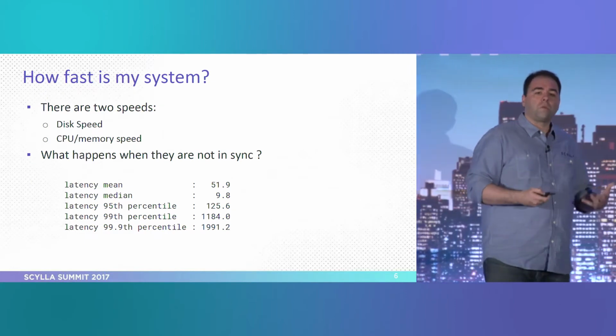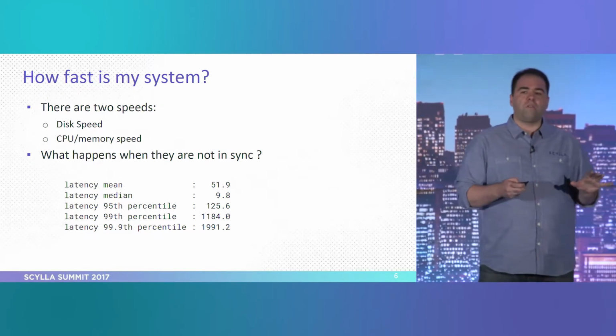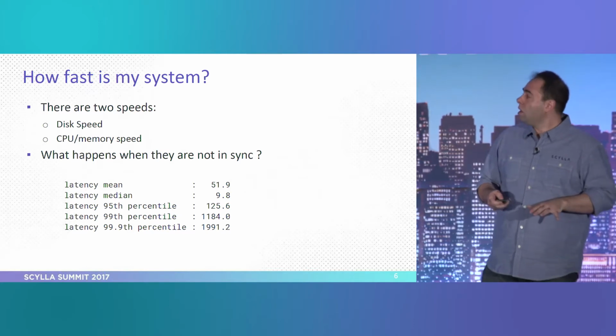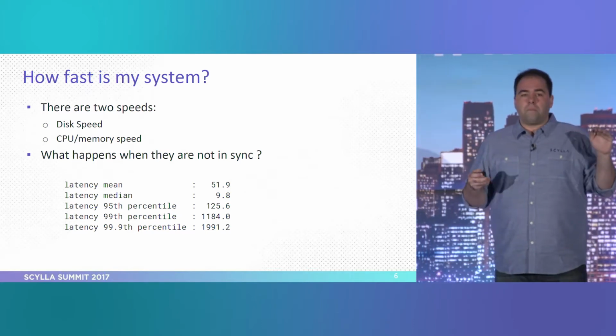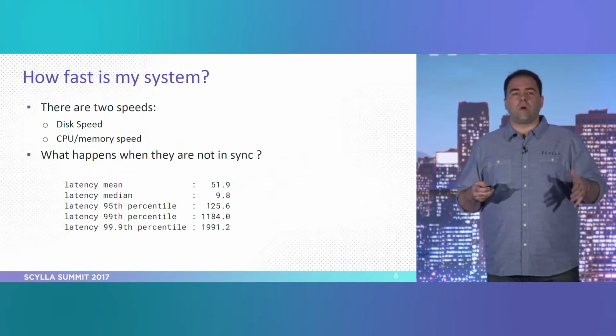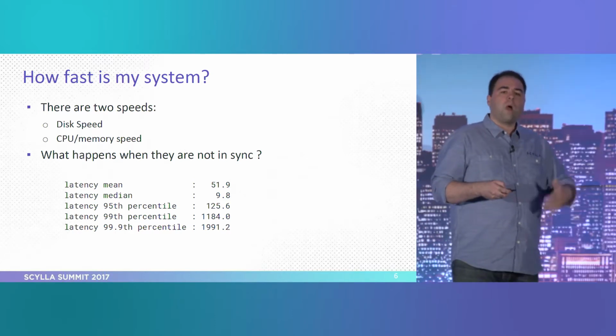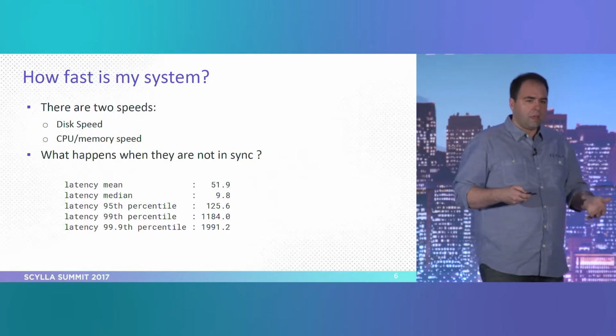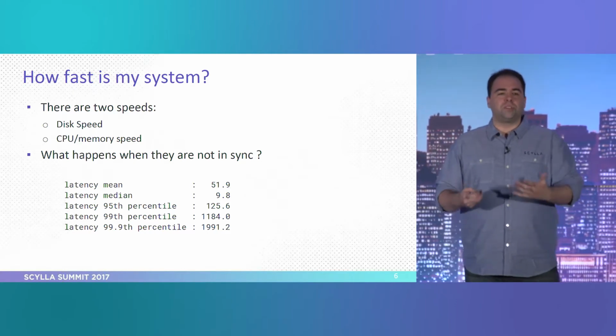And when you have a write workload, and for this one particular, I'll focus on write workloads, we know that Scylla, like other NoSQL databases, acknowledges requests when they are in memory, way before they're written to disk. But those requests have to be written to disk at some point.